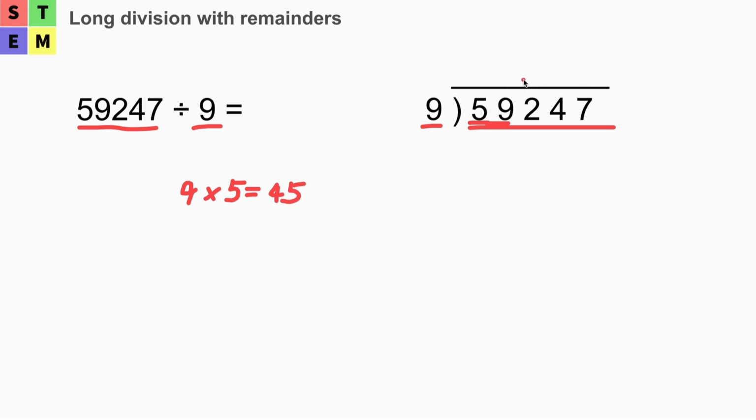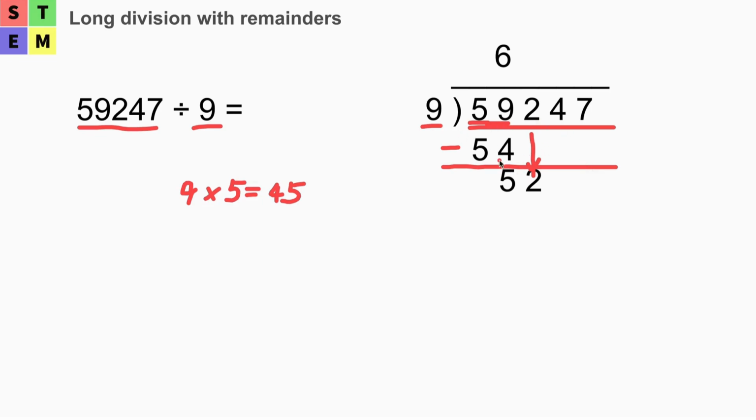So in this case, we'll know that 6 will be the number. We'll write 6 there, and 9 times 6 equals 54. So let's do the subtraction here. 59 minus 54, we got 5 there, and we'll have the 2 go down there, so we got 52.